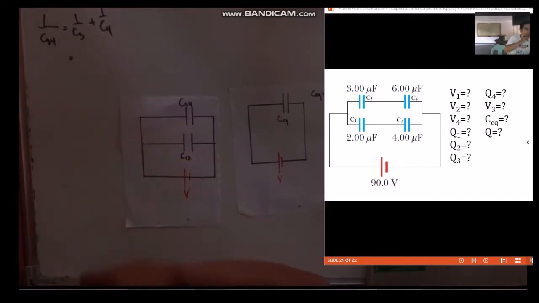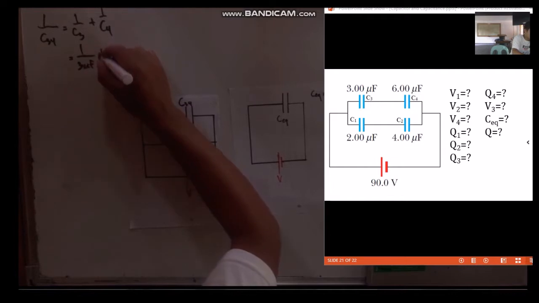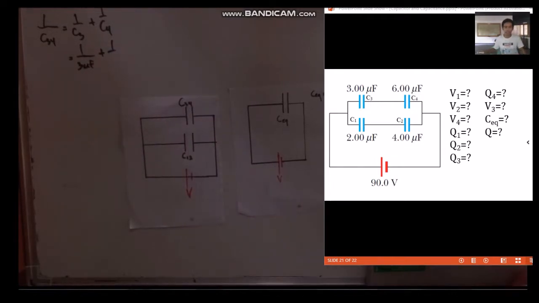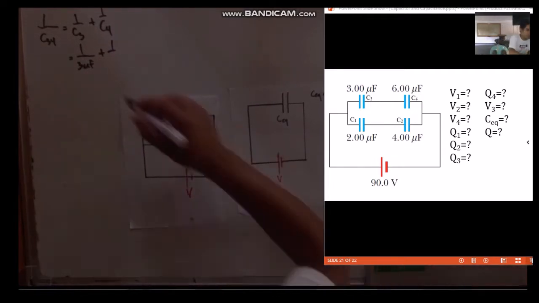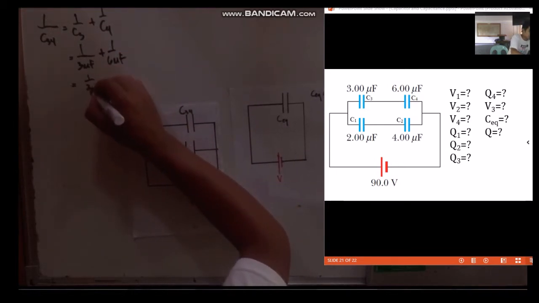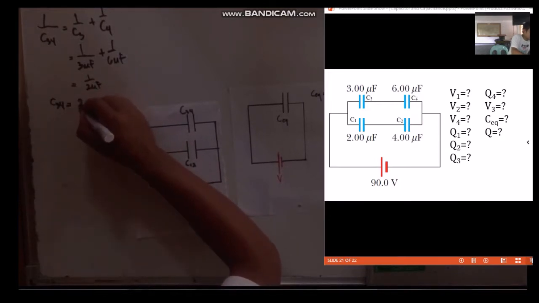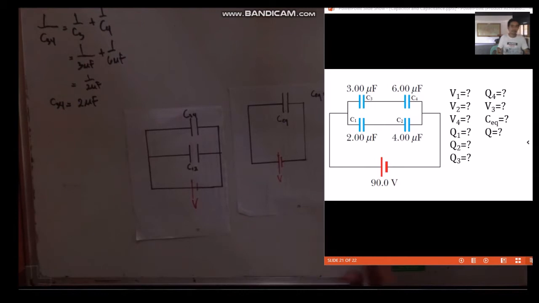So what is C3? That's 1 over 3 microfarad plus 1 over C4, which is 6 microfarad, and that is 1 over 2 microfarad, or C34 equals 2 microfarad. That's C34, right?